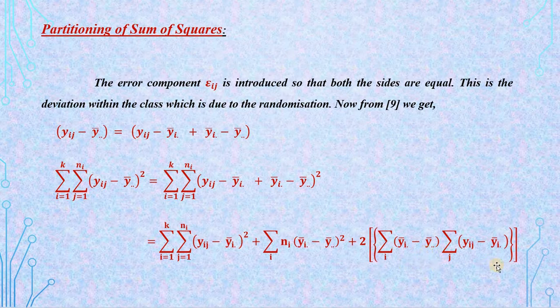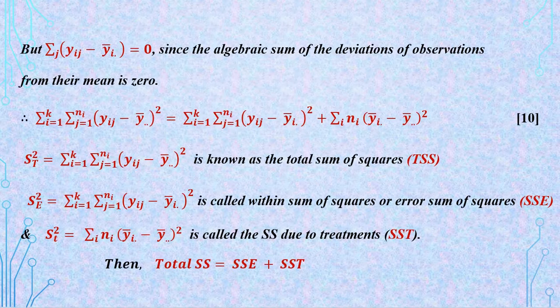So this product term vanishes. After putting 0 in the product term, we have summation i from 1 to k, summation j from 1 to ni, yij minus y double dot bar whole square. This is equal to the two square terms.